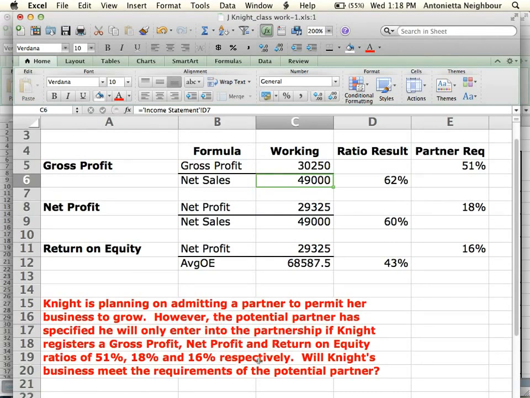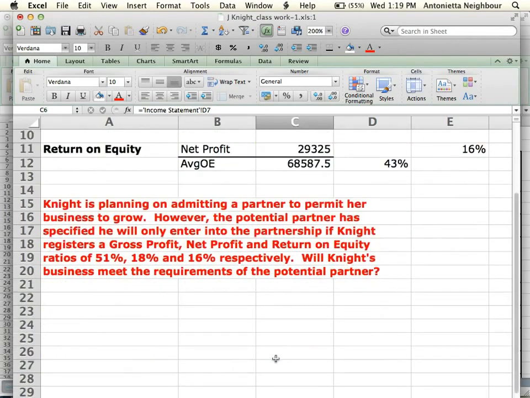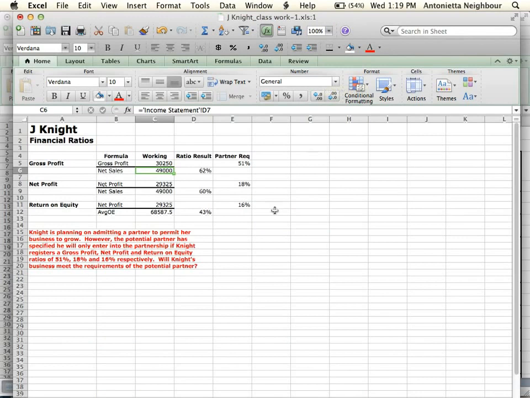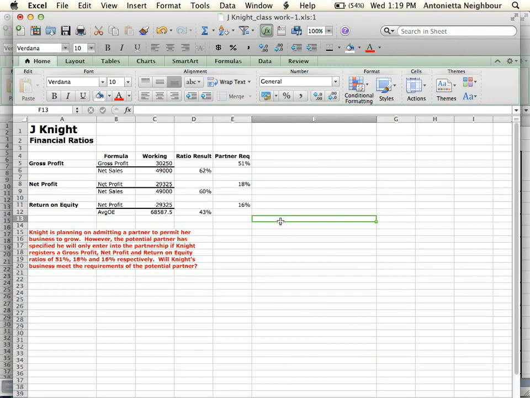Compare your results with the scenario, but then you need to write a 1-paragraph, approximately 100-word paragraph to explain your decision. So I'm going to put the decision here. Okay, so let's just do this paragraph.